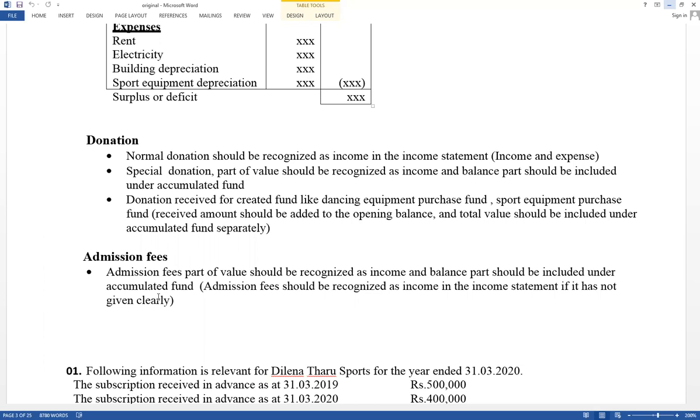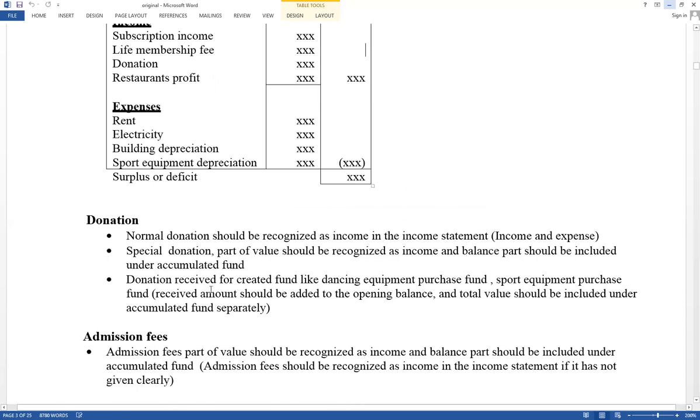You have to prepare a separate statement for that also. Assets minus liability. If it has restaurants, its profit and loss should be calculated separately. For that, you have to prepare a separate income statement. Then think how to record donation, admission fees like that. Right now, see question number 1. The basic part I have discussed already.